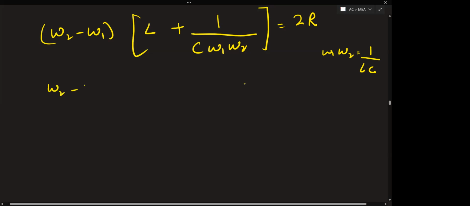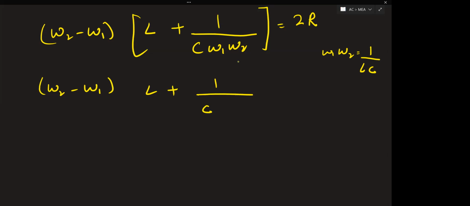So omega 2 minus omega 1, L plus 1 by C is here. Now instead of omega 1 into omega 2, let's put the value. That becomes 1 by LC, right? 1 by omega 1 into omega 2 will be what? LC only. So LC I've kept here.